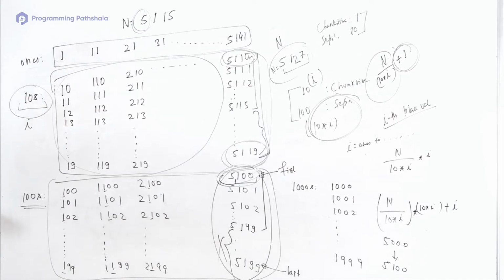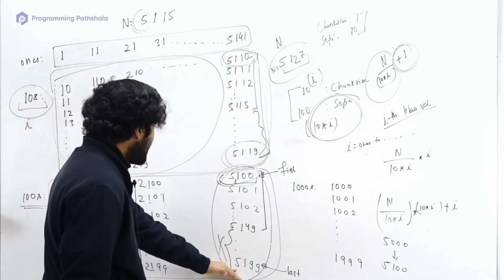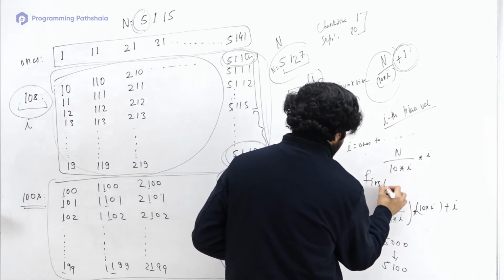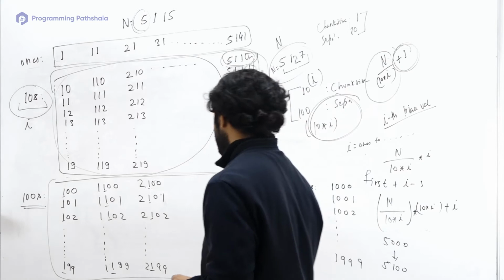You guys can do it on your own as well by using some other technique, but it's not a very big thing to generate the first element of that last chunk. Okay? And now, if you know the first element of the last chunk, what will be the last element? The last element will simply be first plus I minus 1.